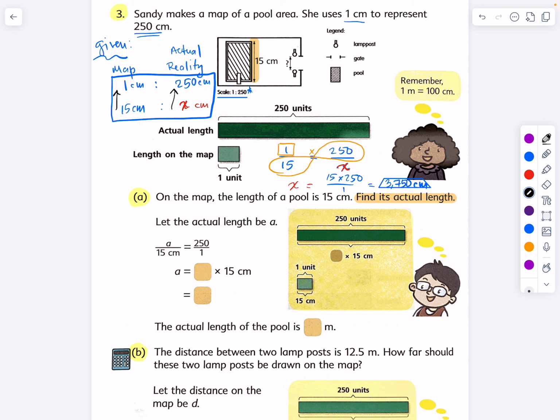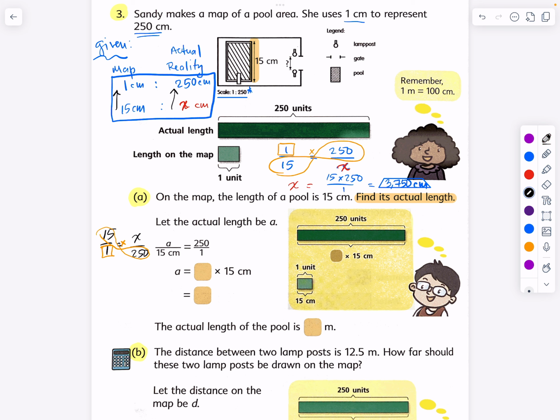You could have done top to bottom, or bottom to top. You can say 15 to 1 has to be in proportion as x to 250. No matter which way you set up your proportion, as long as you stay consistent, the solution will be the same. Multiply diagonally what's across, divide by the third quantity.